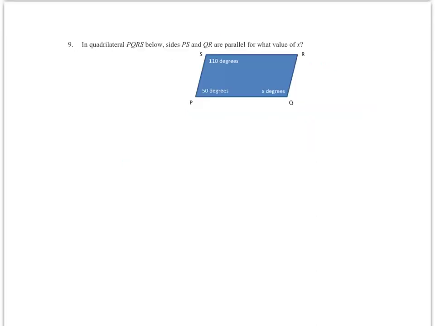In quadrilateral PQRS, sides PS and QR are parallel for what value of x? Well, for these to be parallel, this is a symbol for parallel, and that makes this the transversal.